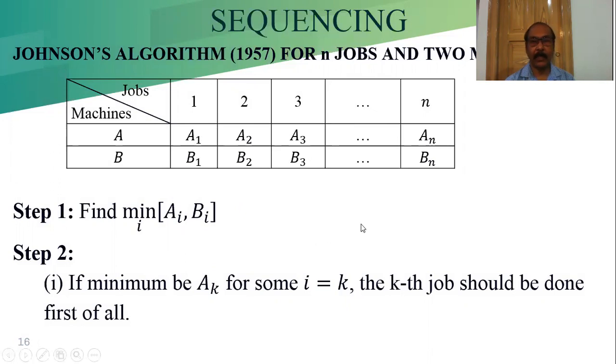If that minimum value is Ak, that means for i equal to k, the kth job gives the minimum value for machine A, so that should be started first. The kth job should be done first of all.